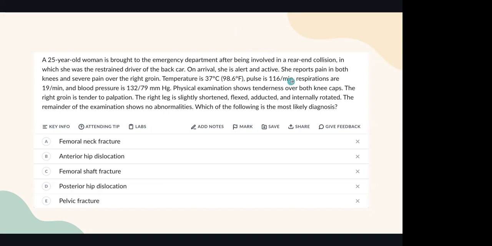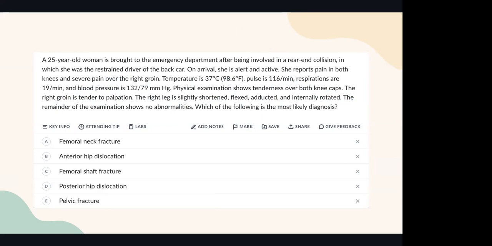Pulse is 116 per minute, respirations are 19 per minute, and blood pressure is 130/79. Physical examination shows tenderness over both kneecaps. The right groin is tender to palpation. The right leg is slightly shortened, flexed, adducted, and internally rotated. The remainder of the examination shows no abnormalities. Which of the following is the most likely diagnosis?